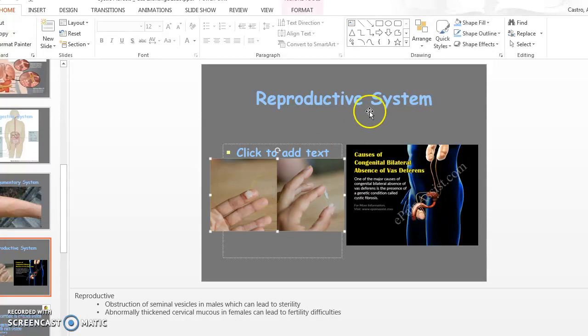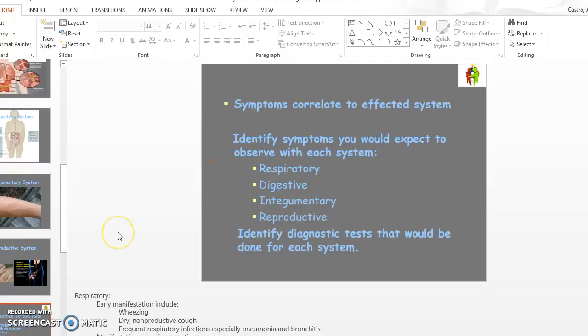So many women with cystic fibrosis have a lot of trouble getting pregnant. And then one of the major causes here that we see, and it's written on the slide, of congenital bilateral absence of the vas deferens is cystic fibrosis. So many males can also be infertile due to cystic fibrosis.